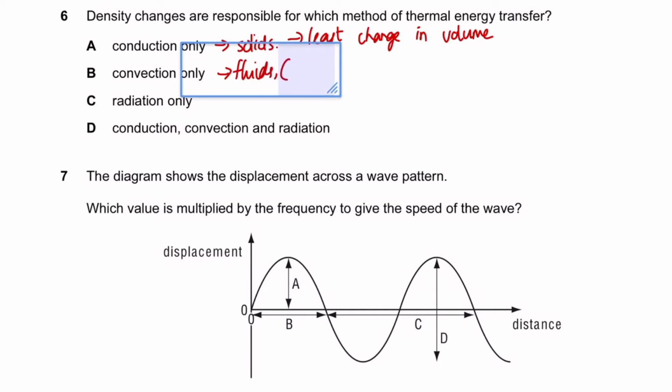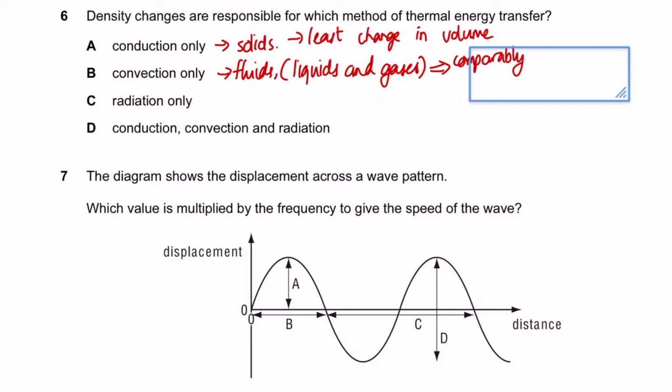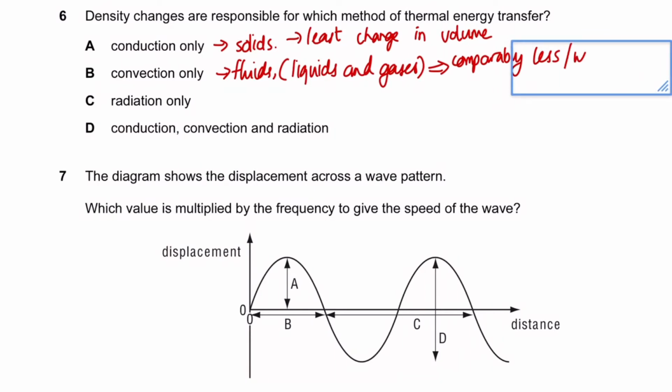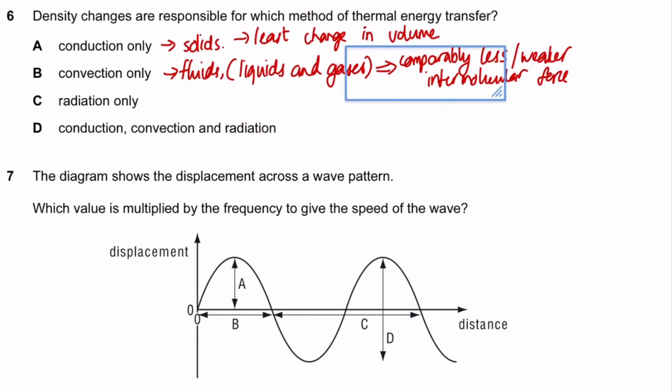Next is convection current. It occurs in fluids, also known as liquids and gases. This too has, okay, let me write here, comparably less or weaker intermolecular force between the particles as compared to solids.